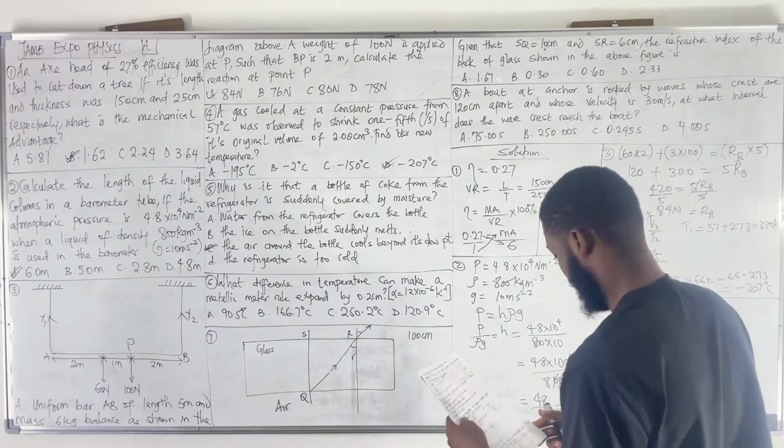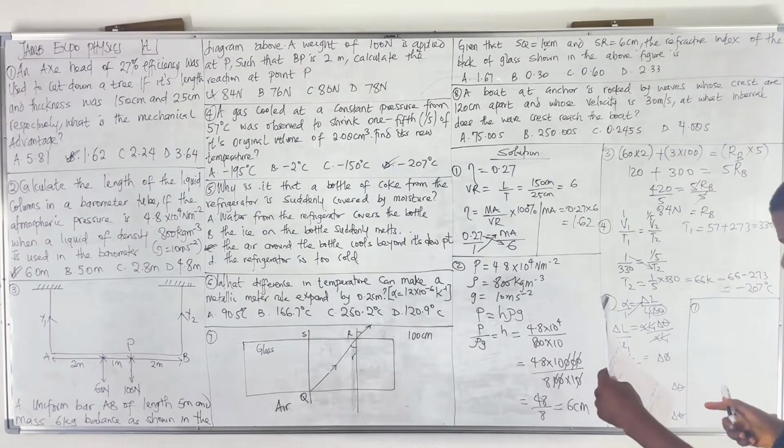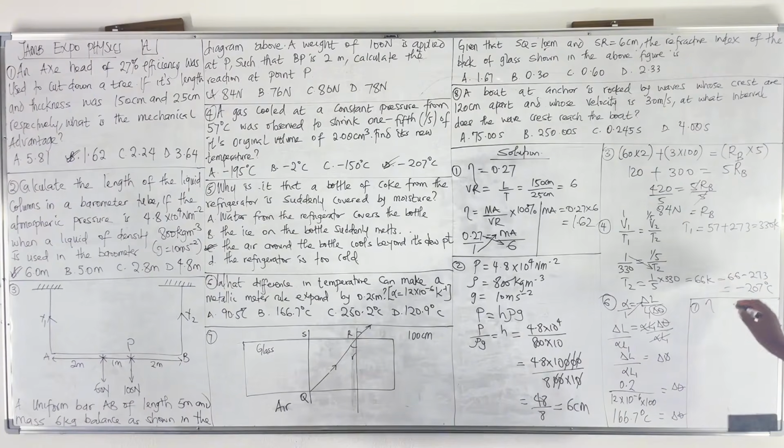What's the refractive index? So refractive index is always sine of incidence over sine of R. That's what it is. And in this case, it would simplify to 10 over 6.